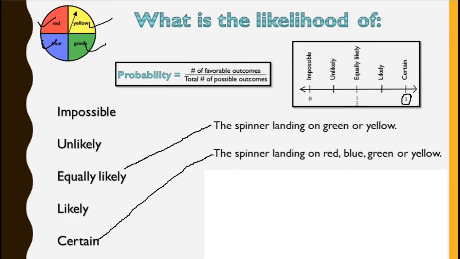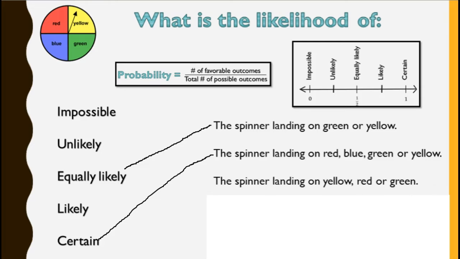Okay. Let's look at the next one. What's the probability that the spinner will land on yellow, red, or green? So yellow, red, or green. There's 3 favorable outcomes. And there's 4 total possible outcomes.